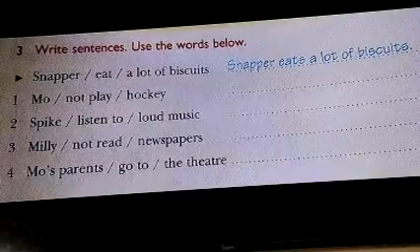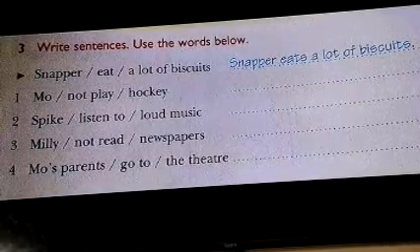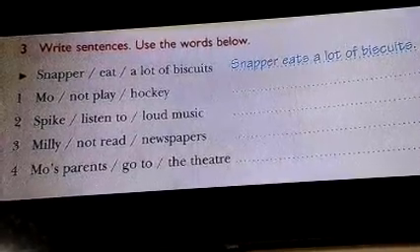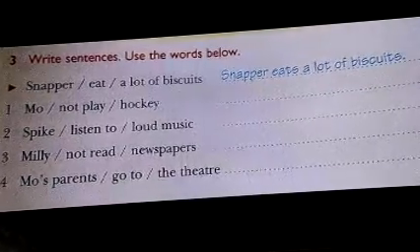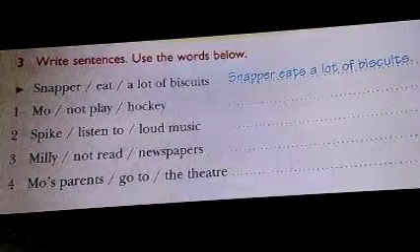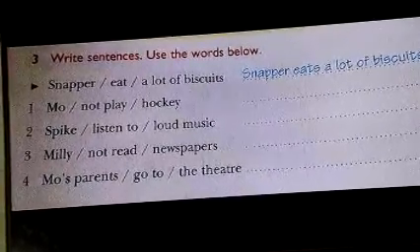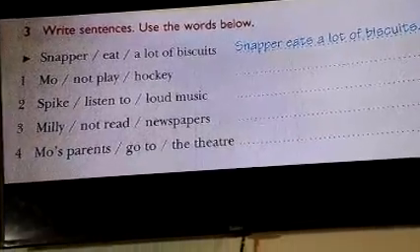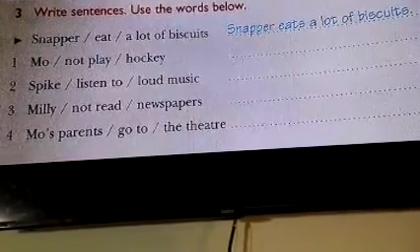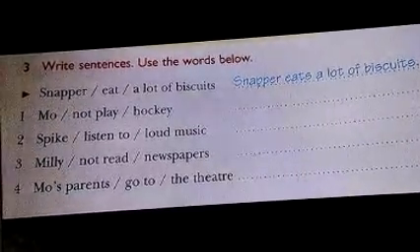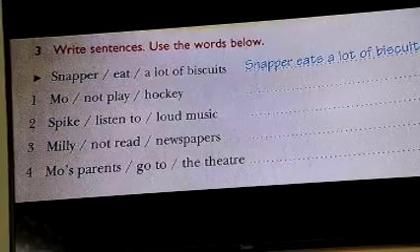What's the next one? Millie. The sentence is in negative. So Millie not read newspapers. Most of our children also don't have the habit of reading newspapers. Millie not read newspapers. So Millie, what should you add?